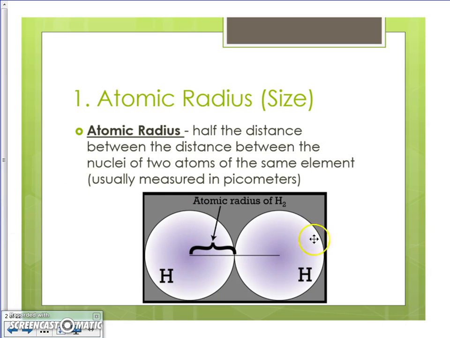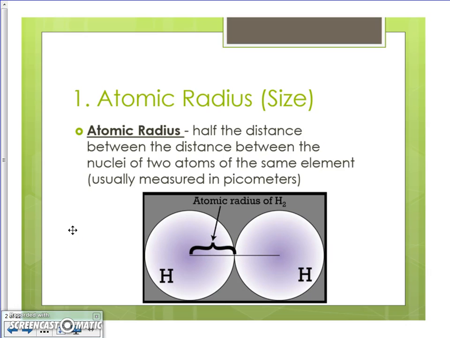First off, this is how it's calculated. Usually you just stick 2 atoms next to each other, a diatomic molecule, in this case like H2, which is pretty easy to do. You measure the distance from nucleus to nucleus and then divide it in half to get the radius of one of them.